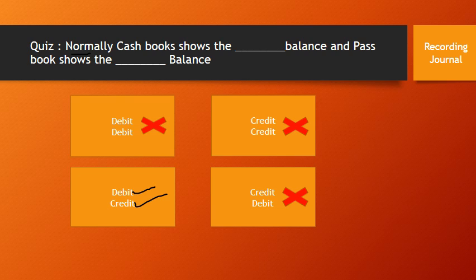In that case, the cash account or bank account will show a debit balance. At the same time, the passbook is maintained by the bank. There it will show a credit balance because we are a liability to the banker. The banker has to pay this amount to us. From the bank perspective, we are a creditor, so it will show a credit balance.